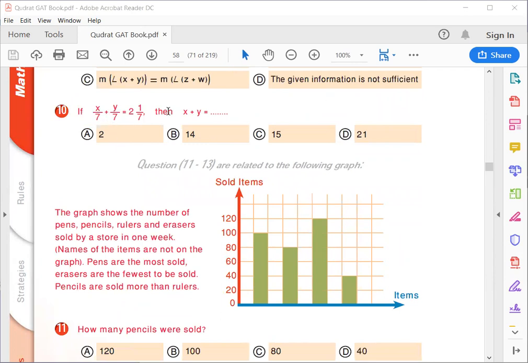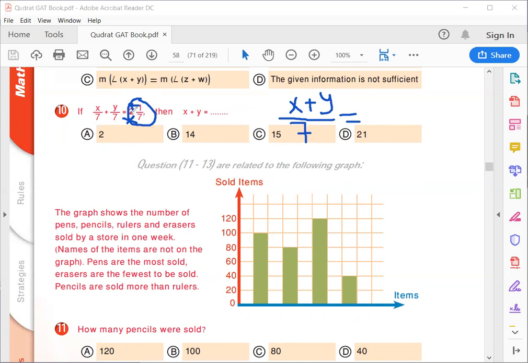So I can find it now. x plus y, I put x plus y over 7 equals. Also I write this as a normal fraction. How do I find it? You multiply 7 times 2 plus 1.